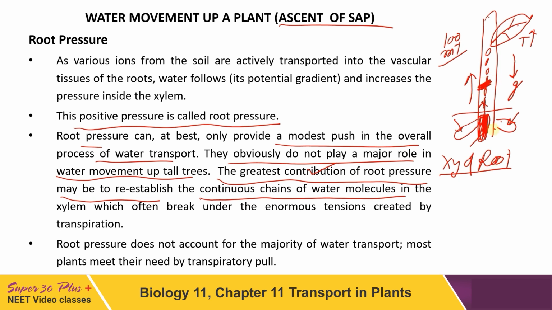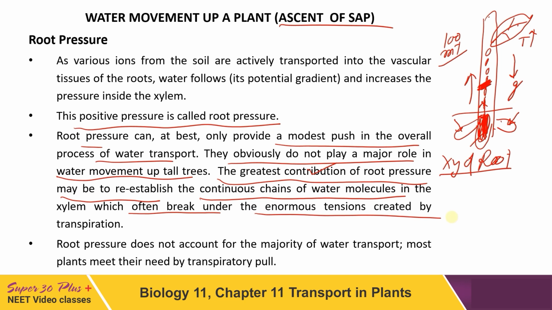So what's the role of root pressure? The root pressure will give a mild push to this column so that the continuity is maintained. The continuous chain of water molecules in the xylem may often break due to enormous tension created by transpiration.